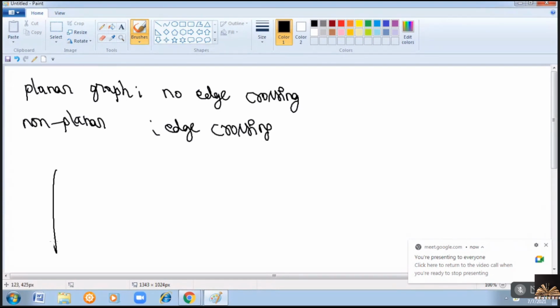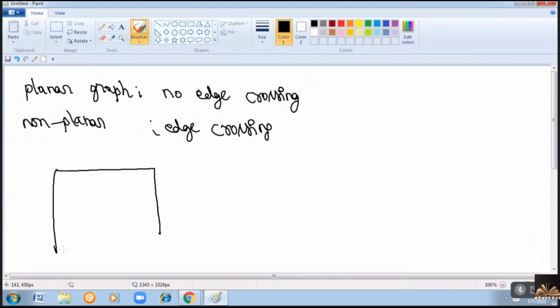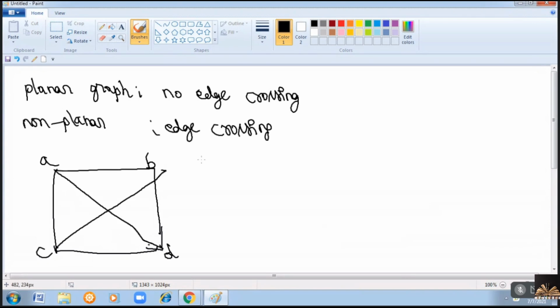Suppose a complete graph is given. Complete graph means every vertex should be adjacent to every other vertex in the graph. If a complete graph with 4 vertices, that is K4, is given, now when you observe this K4, here you have a crossover.